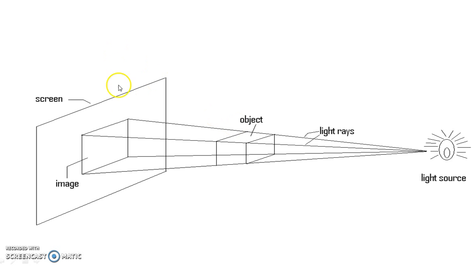Let us imagine that this is the screen placed at a finite distance from this light source. And in between this light source and this screen, the object is placed, the projection of which is to be obtained from this light source.